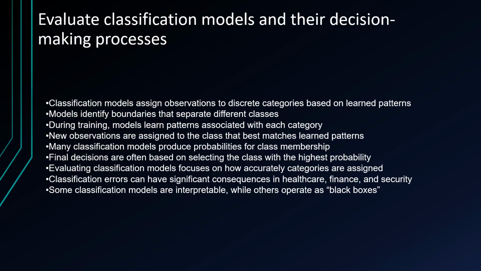Understanding classification models requires recognizing both their strengths and limitations. These systems are powerful because they can identify complex patterns and automate large-scale decision processes. However, their effectiveness depends heavily on data quality, representativeness, appropriate evaluation, and careful operational oversight.